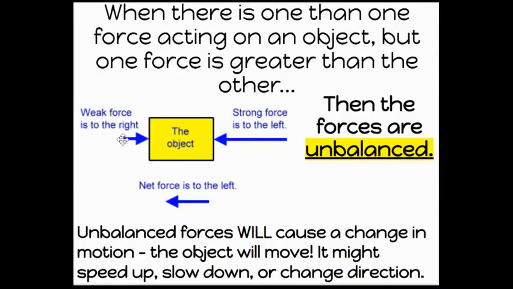There's a weak force pushing it to the right, but there's a really strong force pushing it on the left. The object will move to the left because the force over here is stronger. That means the net force is to the left. This unbalanced force will cause a change in motion. The object will move; it will speed up, slow down, or change direction.